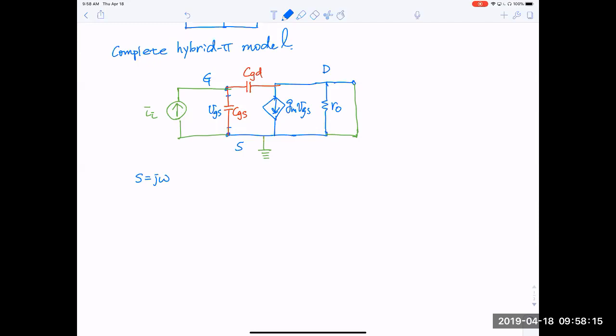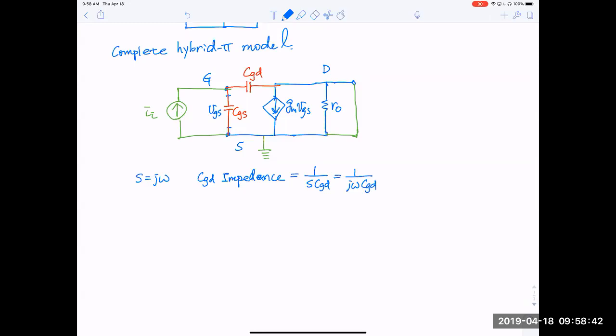So the capacitance CGD, their impedance, for example, will be equal to 1 over sCGD, or in the omega formula, it's 1 over j omega CGD. So that's the same, right?